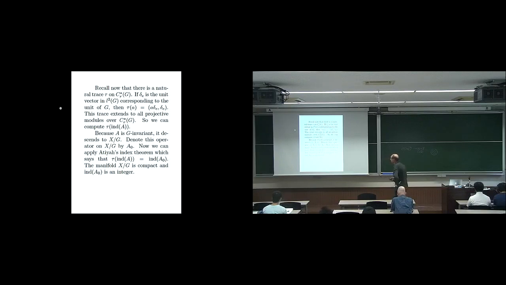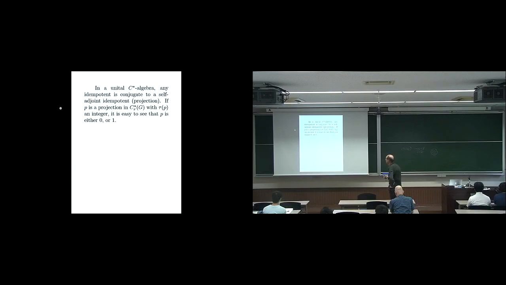Now the point is that by Atiyah's index theorem, for any G-invariant operator, the trace of the index is exactly the index of the operator you can descend to the quotient X mod G, because it's G-invariant and the action is free, and this index is an integer. So this trace on the index is an integer.